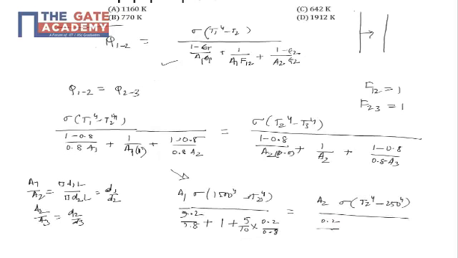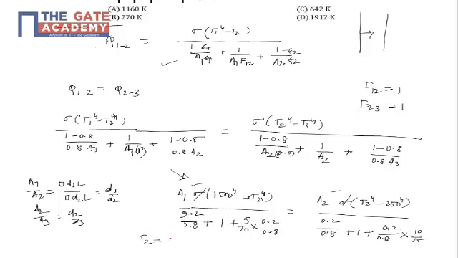So 0.2 by 0.8 plus 1, because A2 cancels in the denominator, plus 0.2 by 0.8 times A2 by A3, which is 10 by 15, in terms of diameters. Sigma gets cancelled, and here A1 by A2 is D1 by D2, which is 5 by 10.